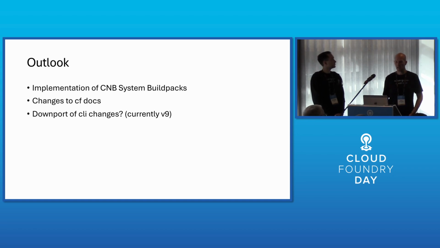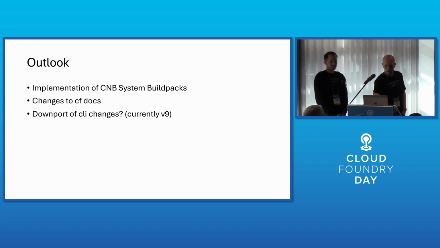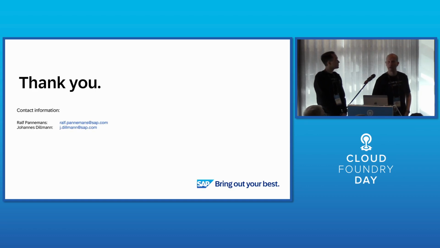And we are thinking whether we can or should downport the CLI changes to V8, which is probably the currently most used one. And with that, I guess we're done.